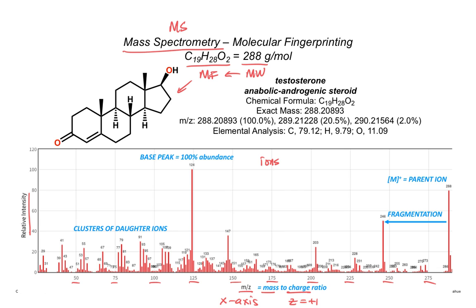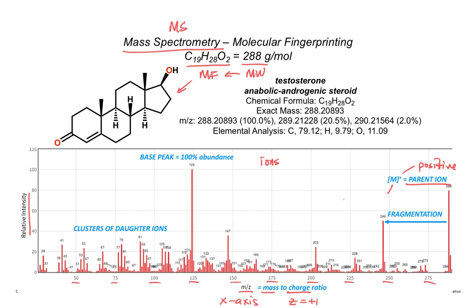The first thing we want to look at in a mass spectrum is the signal with the highest mass. That's called the parent ion. So there's the plus charge. It's a positive ion, and the M is just the abbreviation of the parent.